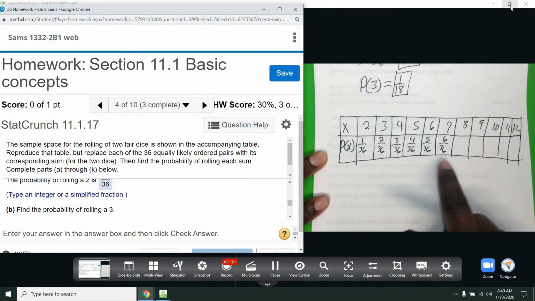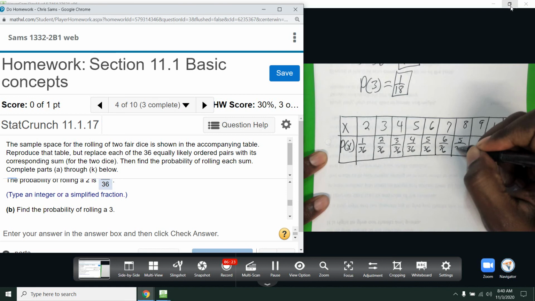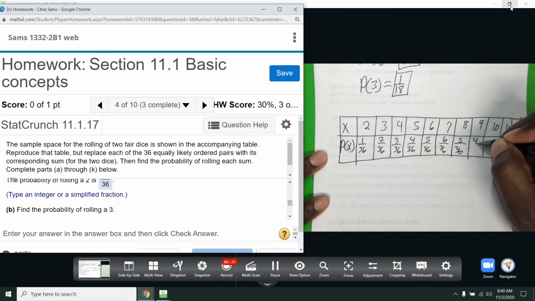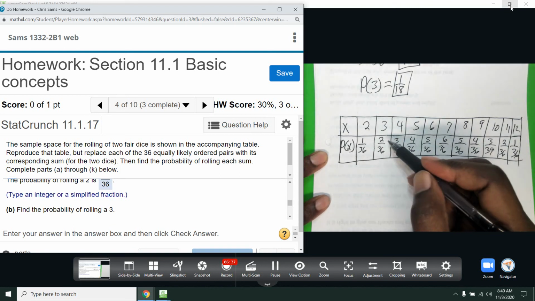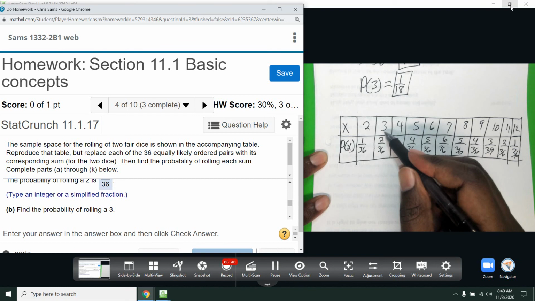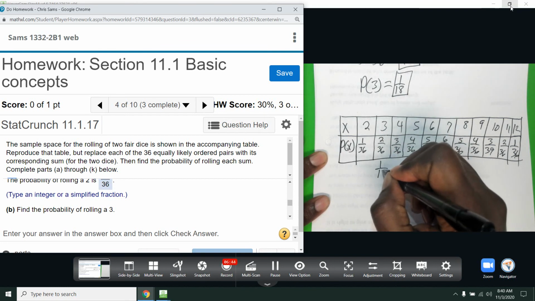It counts all the way up to 6, and then goes back down: 5 out of 36, 4 out of 36, 3 out of 36, 2 out of 36, and 1 out of 36. The ones that can be reduced, we must reduce. So 2 out of 36 will reduce to 1 out of 18.